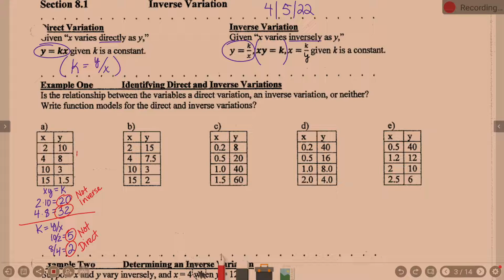It doesn't fit the inverse variation mold. It is neither. Okay. So the idea, if it was inverse variation, all my x times y's would have been multiplying to get the same k value. If it was direct variation, all my y divided by x's would have been dividing to get the same k value. And it didn't work there.